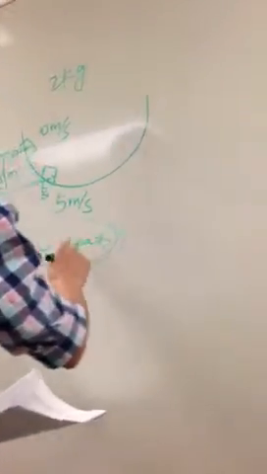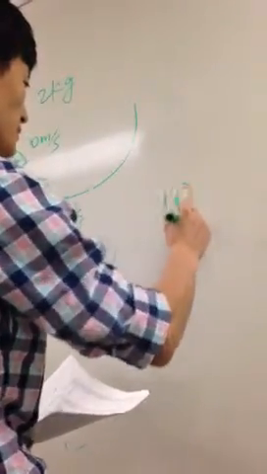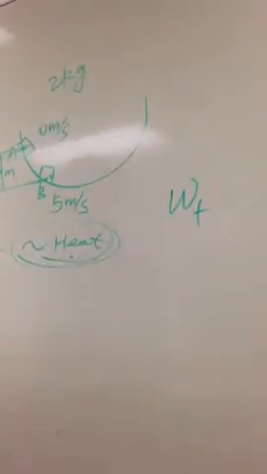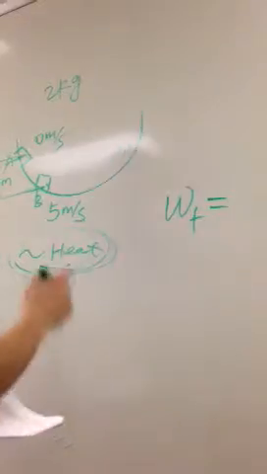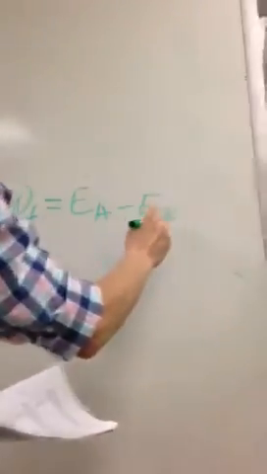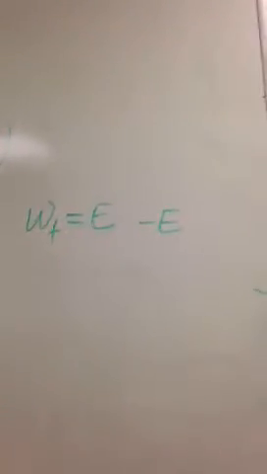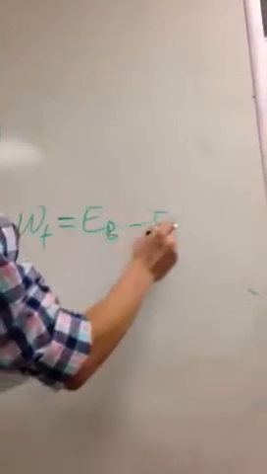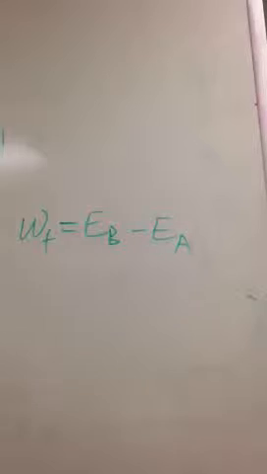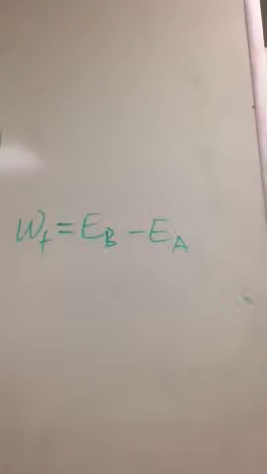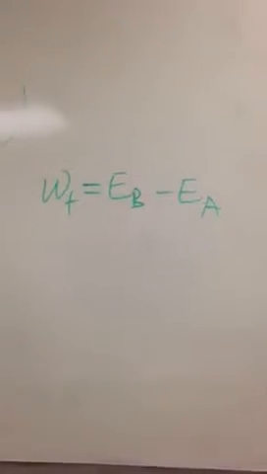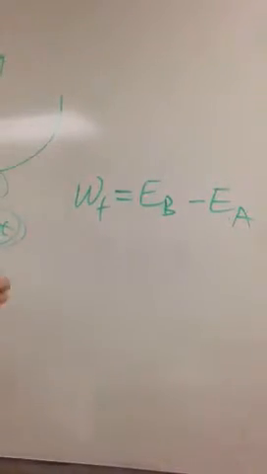The work done by the force will be the energy at B minus the energy at A, the resultant energy minus the initial energy.